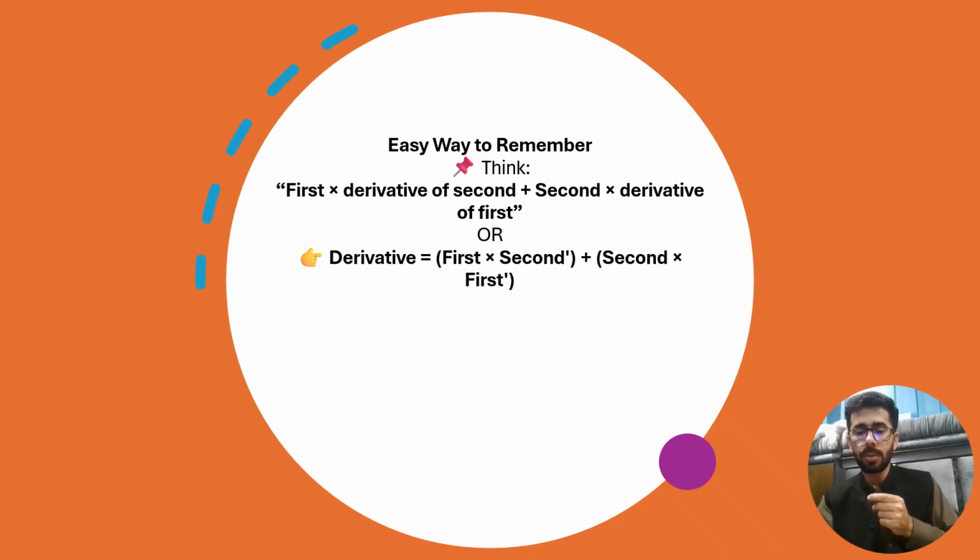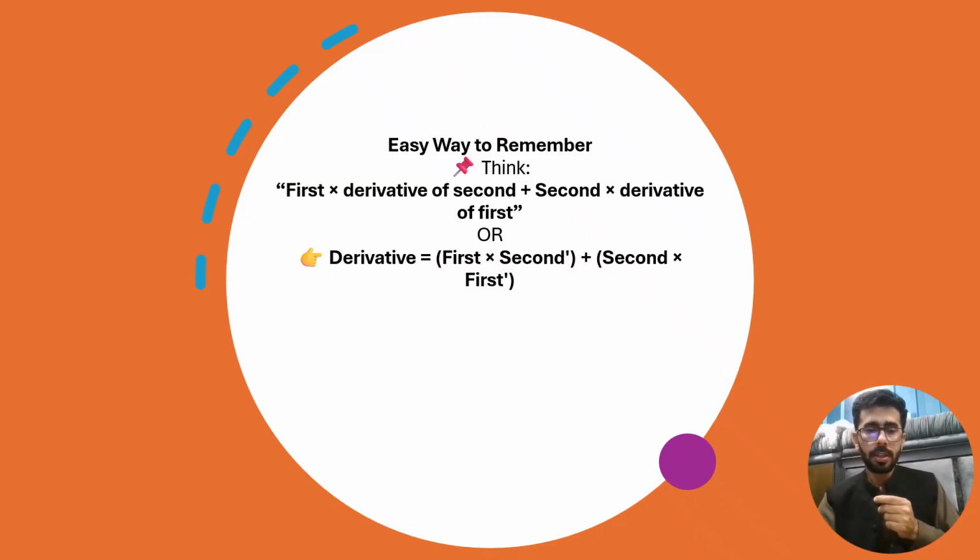The product rule says that if you have two functions and they are multiplying with each other, for example, you name the first function as f of x and the second function as g of x. You are multiplying both of the functions and you want to find the derivative of the product.